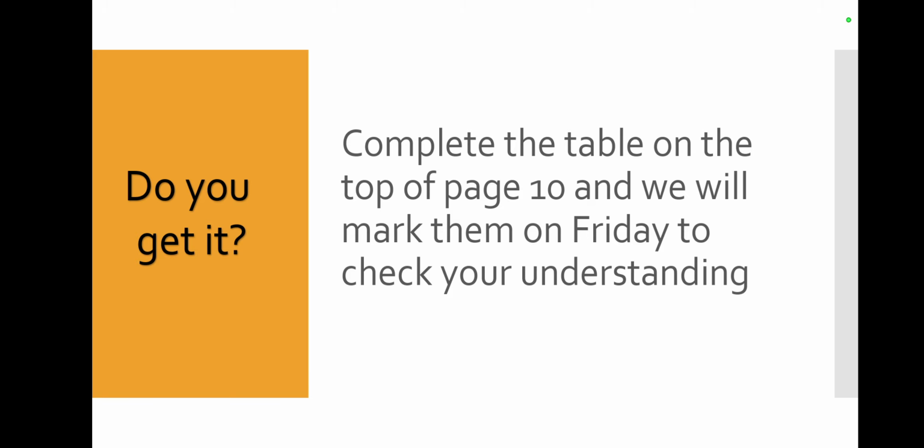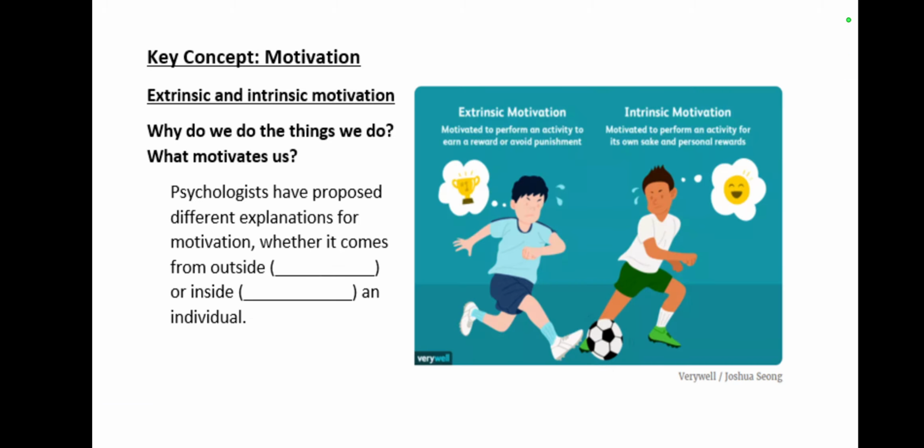Okay? So now, guys, into the last little key concept that I want to cover today, which is motivation. So we know that operant conditioning is learning by consequence, but there are different types of motivators, okay? Different people are motivated by different things.